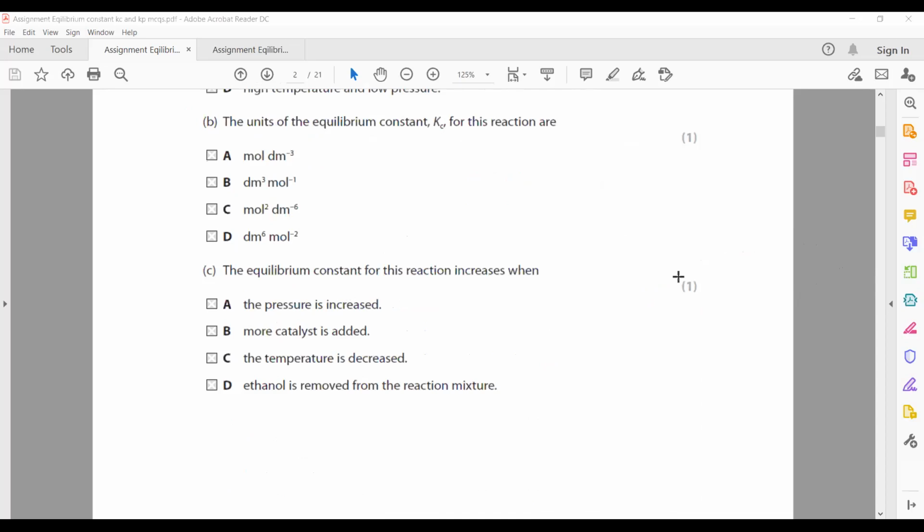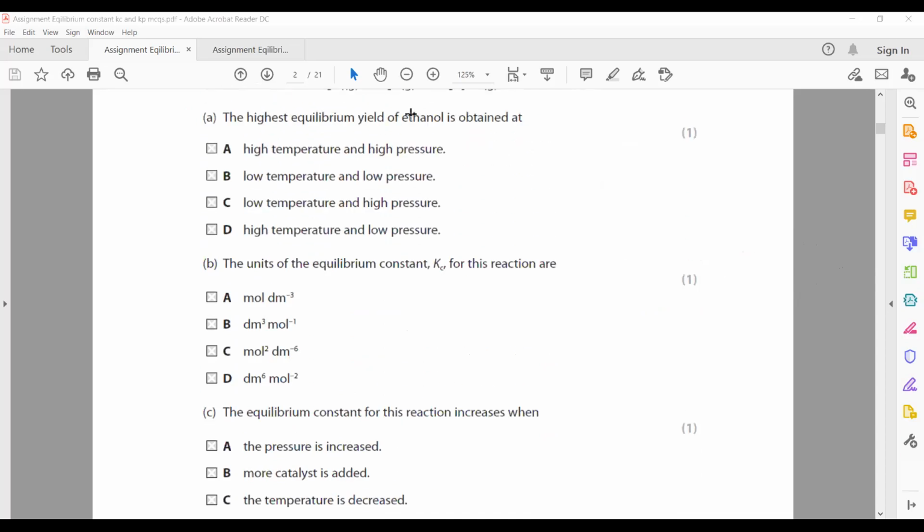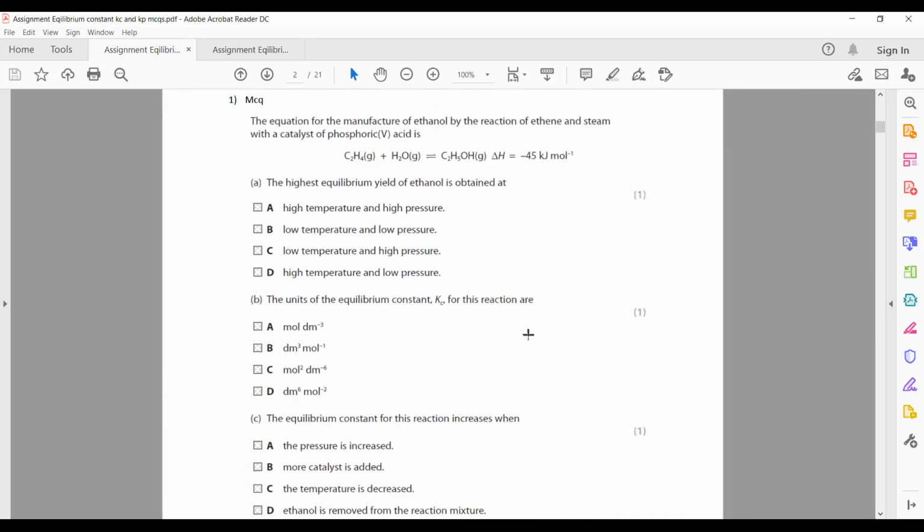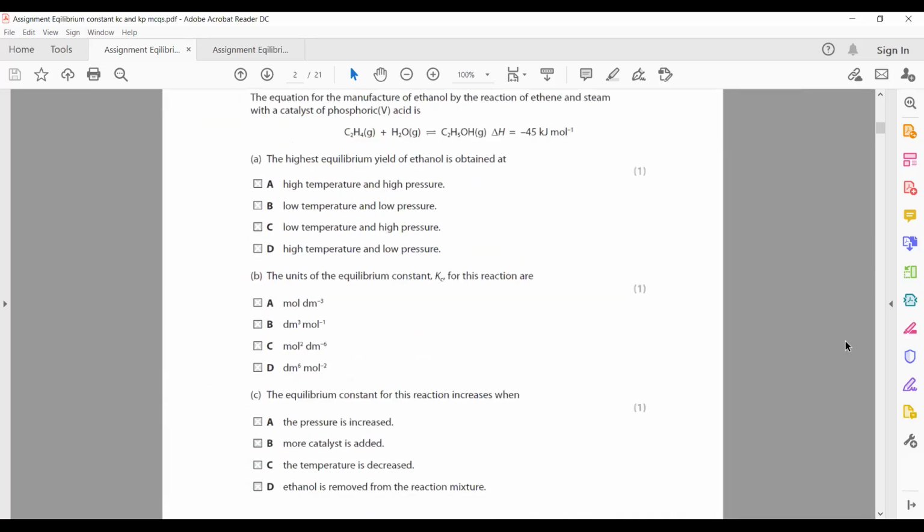The equilibrium constant for this reaction increases when, meaning the value of the Kc. For an endothermic reaction, increasing the temperature increases the value of Kc. For an exothermic reaction, decreasing the temperature will increase the value of Kc or Kp. So how is the value affected?